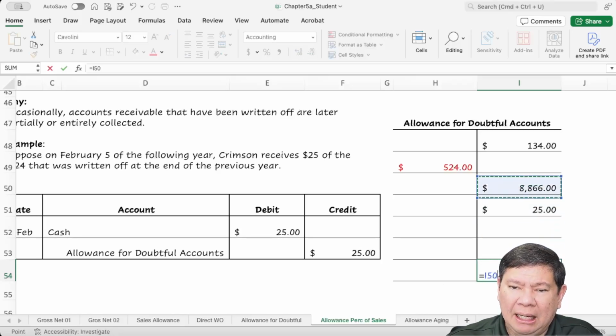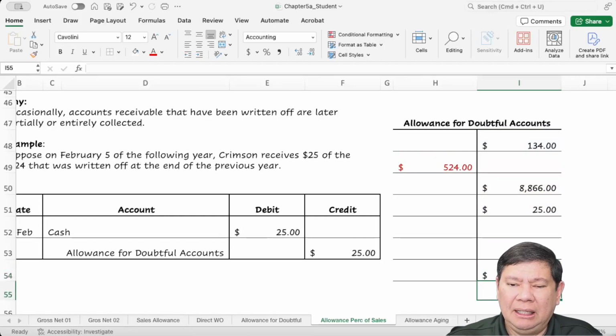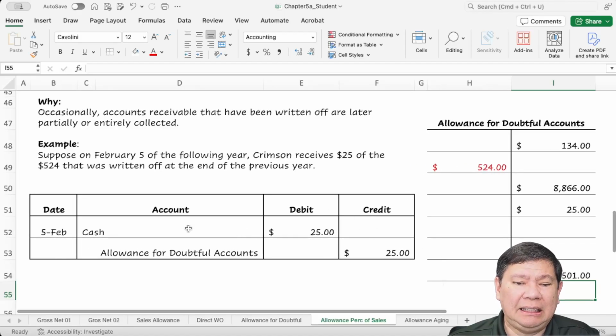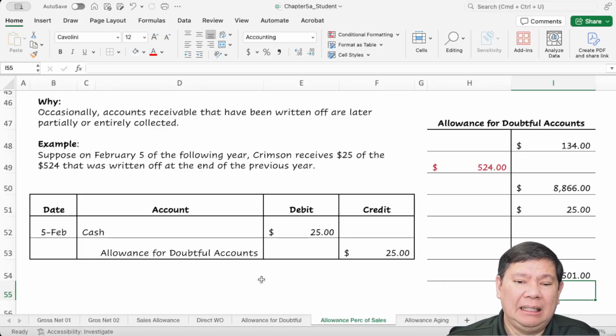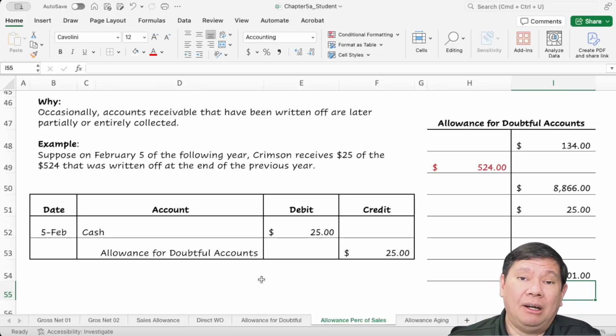So the ending balance for our allowance is $134 plus $8,866 plus $25 minus $524. It shows $8,501. Okay, so that's for the situation that the customers that we have already written off then pay us a portion or even all of that amount.